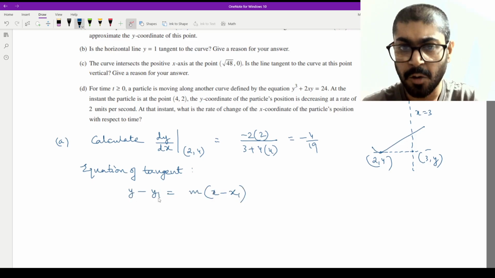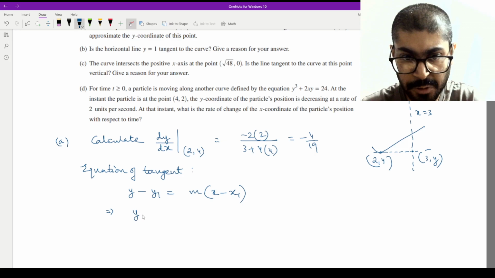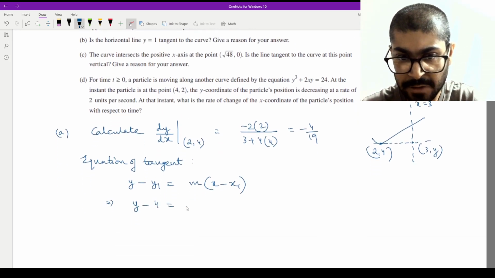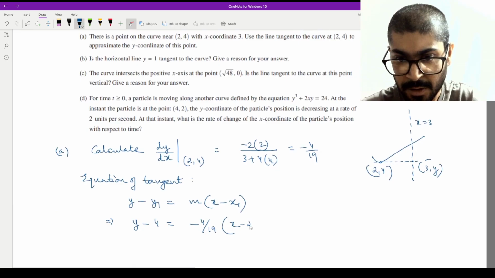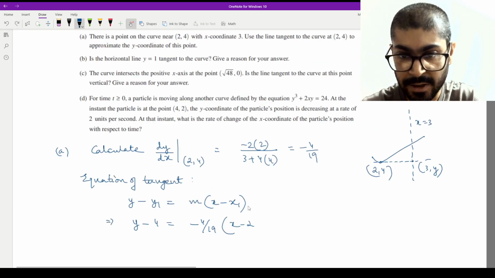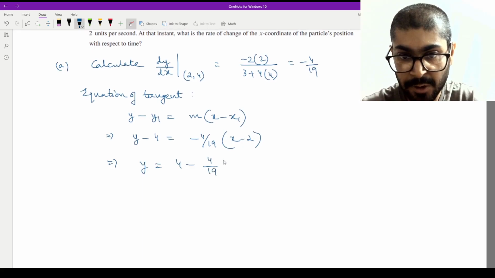In this formula, y1 and x1 are the known coordinates of a particular point and m is the slope. So my equation turns out to be y minus, one of the points is known, right? (2, 4) is known, so y minus 4 is equal to m, which is minus 4 by 19, into x minus x1, which is 2. So this turns out to be y is 4 minus 4 by 19 into x minus 2.